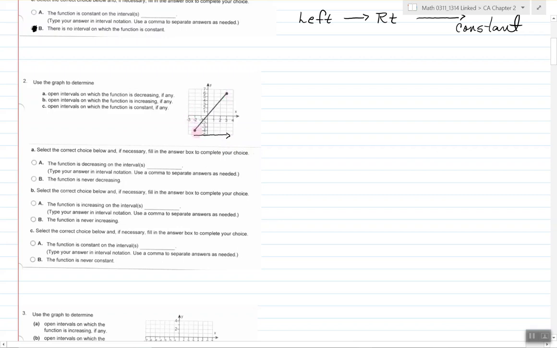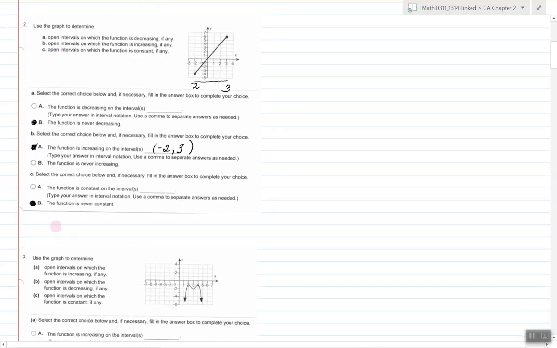So from this x value of -2, and then it does not go forever, to this x value of 3, it increases all of that time. So it's never decreasing. Increasing is from -2 to 3, and it is never constant. And it did say open intervals, and that always tells you to use parentheses.